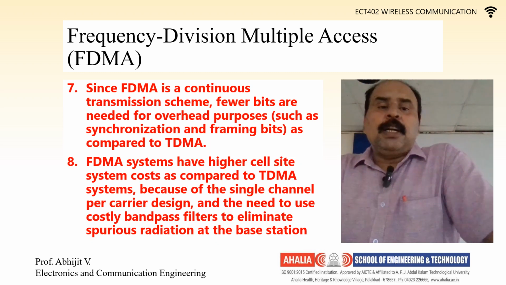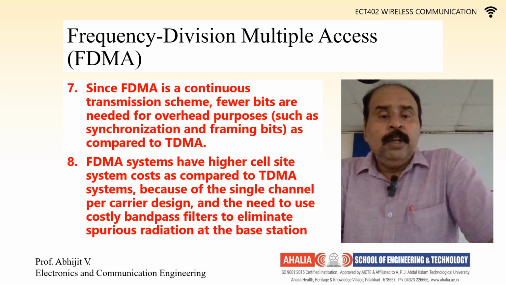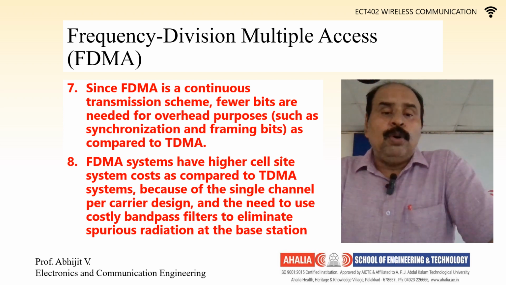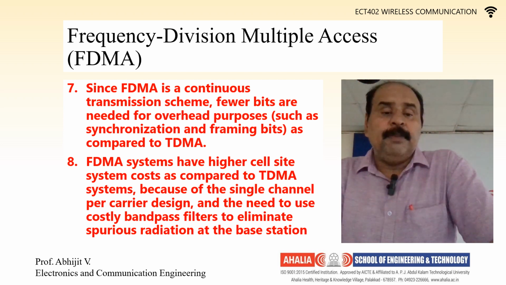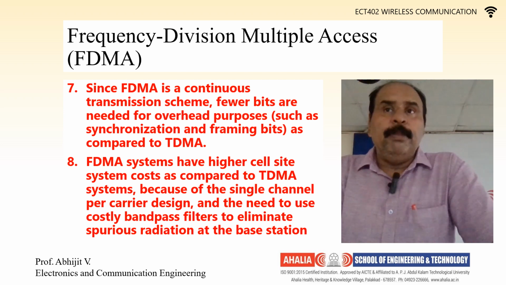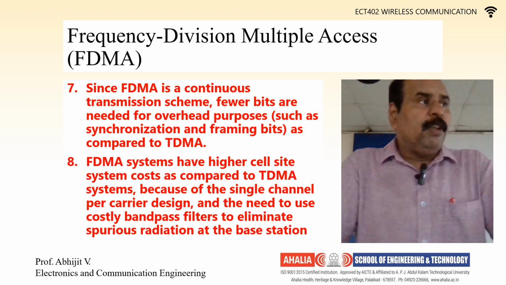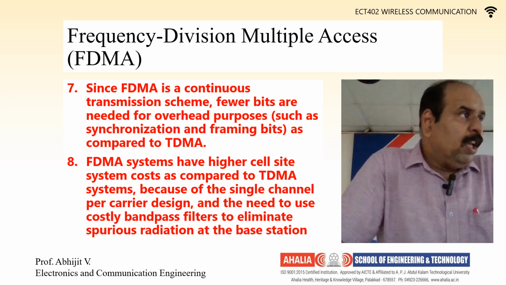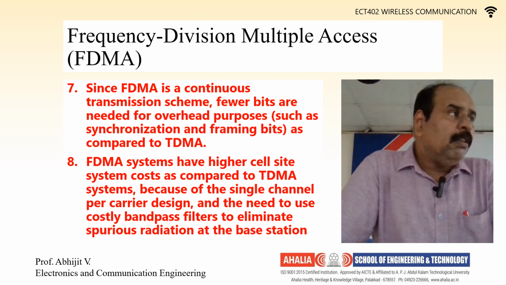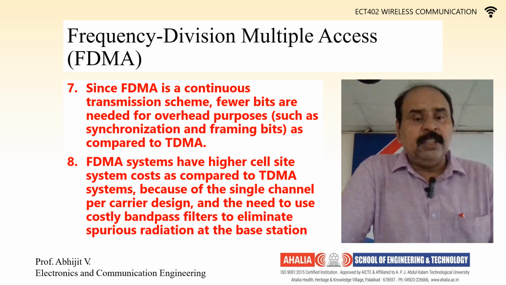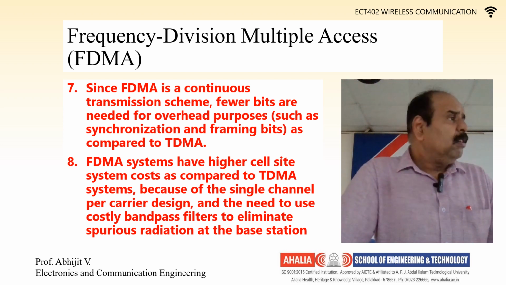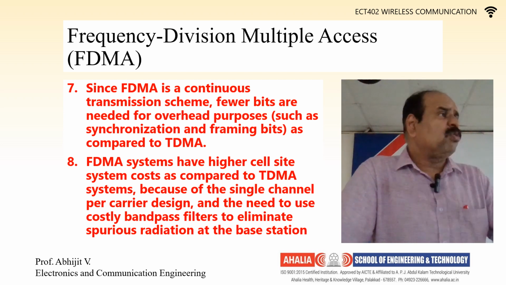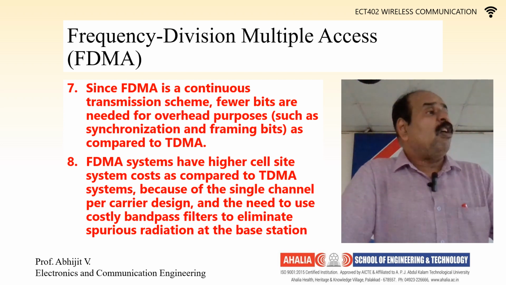Since FDMA is a continuous transmission scheme, fewer bits are needed for overhead purposes such as synchronization, framing, etc., as compared to TDMA. When we look into the frame structure of TDMA, it has additional guard bits and overhead bits, things that are required to identify the systems, and many other things that are not the original message.